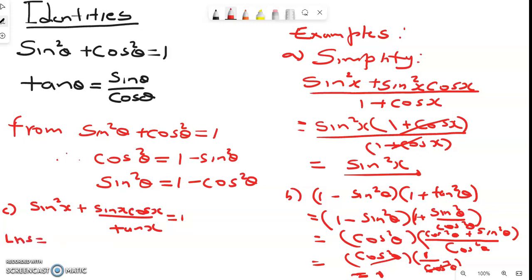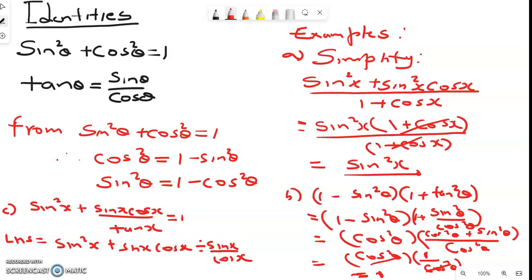This can be written as sine square x plus sine x cos x, divided by tan x, which is sine x over cos x.